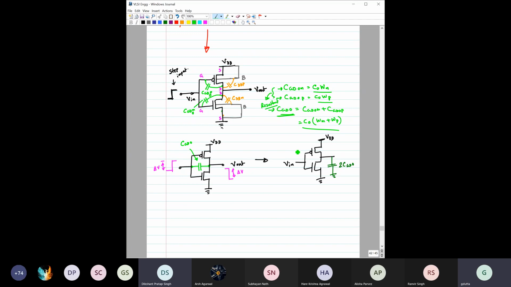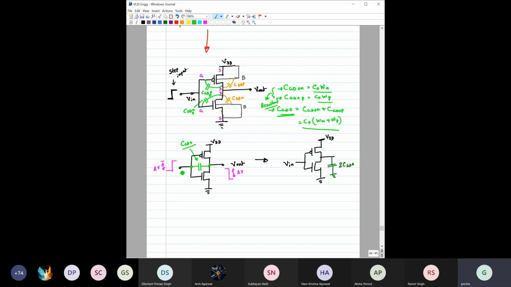Okay. So now, let us for the time being not consider these two, CGDB and CGDB, because we know that these two capacitances would be there. Let us now try to focus only on this CGD naught, right? If you consider the CGD naught, which is because of these two, then you see these two terminals are connected here.